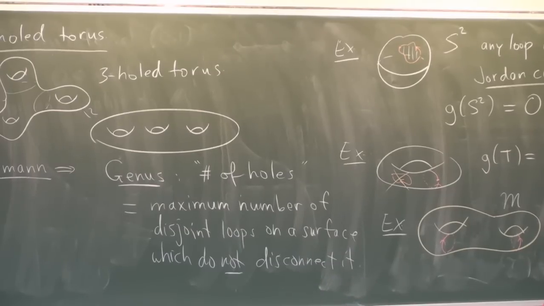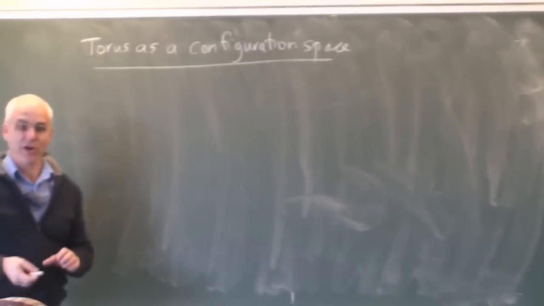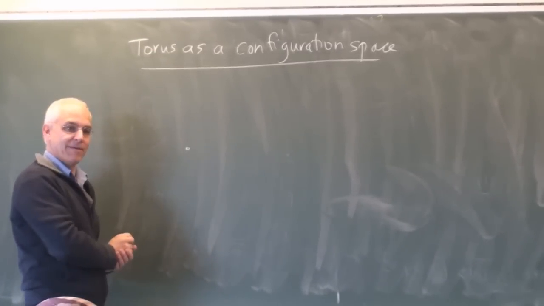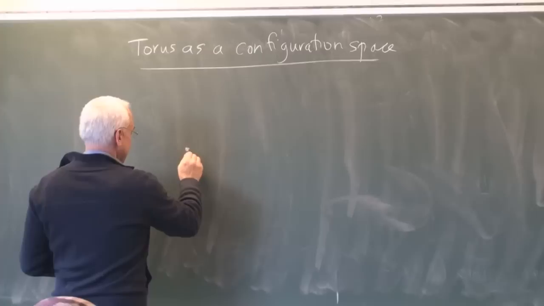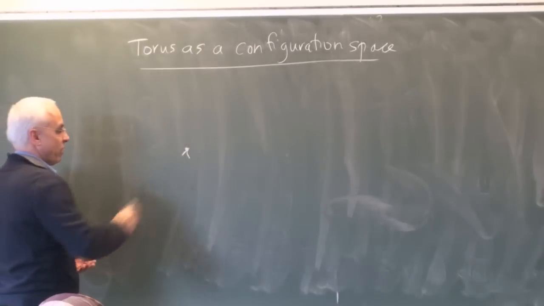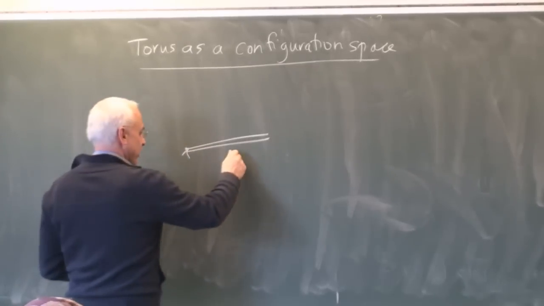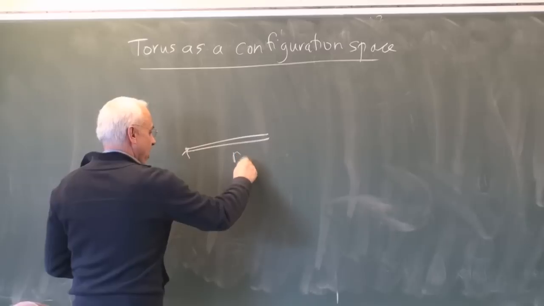So the torus as a configuration space, I'll just mention this. Suppose you're a robotics engineer and you want to create a simple robot in the plane, okay? And you've got some fixed point there, and you have some arm, the first arm of your robot, let's call it arm R1.